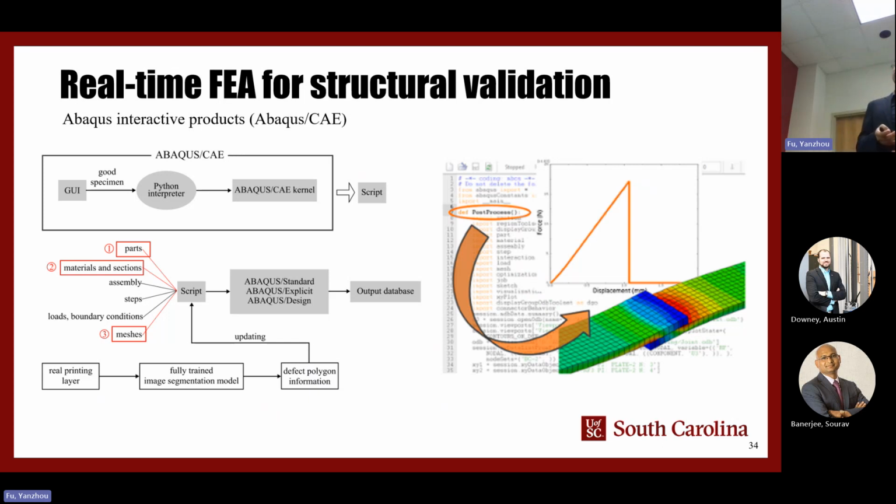This pattern file can record every operation during the session. So this is the file we will use to update our defect information. And we also know the pattern script includes parts like the parts, the materials and sections, assembly, step, load, boundary condition, and meshes. And we can also define our own function in the pattern script to achieve some specific purpose.